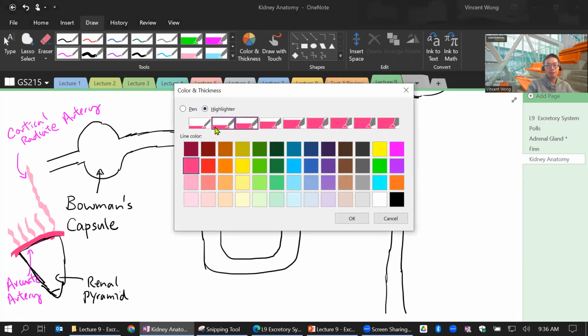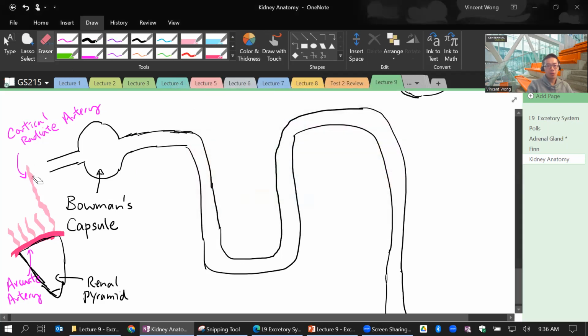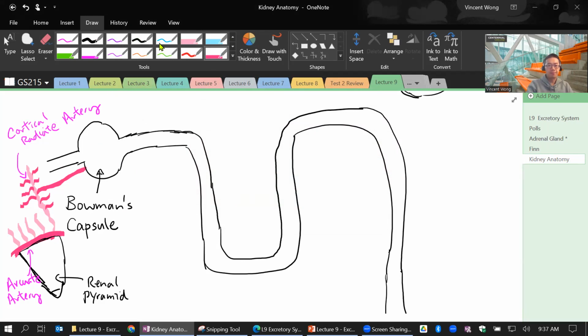Coming off from the cortical radiate artery are more little wavy things. It's like it has hair growing on the hair. And this one is going to come over here, and this one will lead to another Bowman's capsule. This one will lead to another Bowman's capsule. Each of these will feed into a particular nephron.